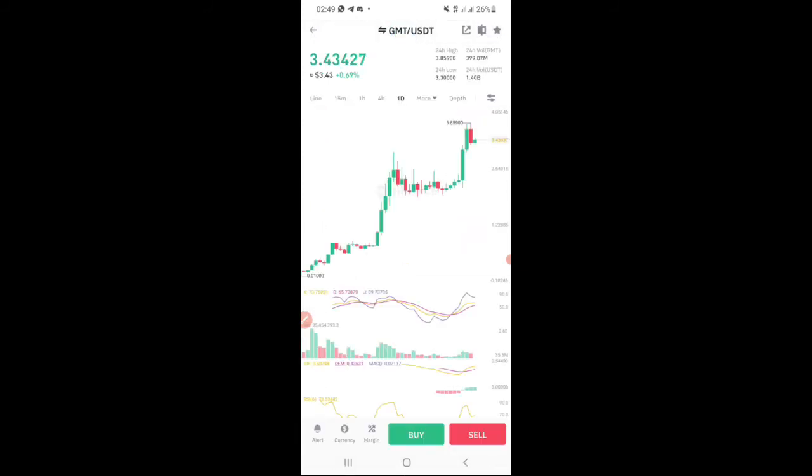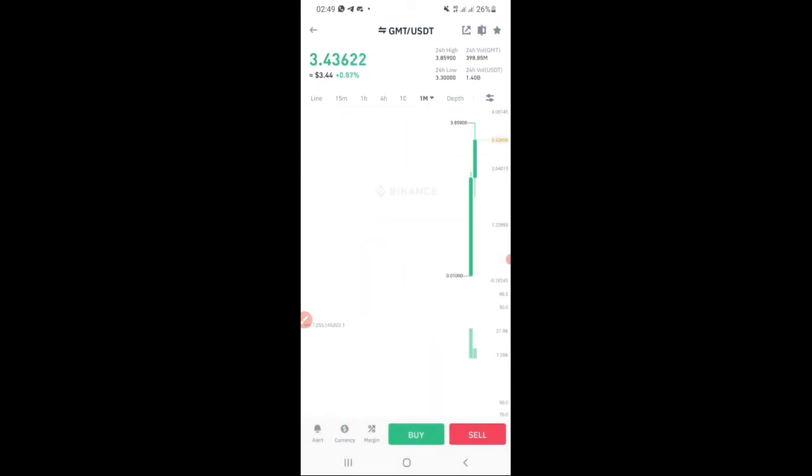Let me turn to the monthly chart so you can see. This token has existed for only 2 months, and it has gone from launch 34x. Now, this is the month of April, so this area here is the 1st of April.